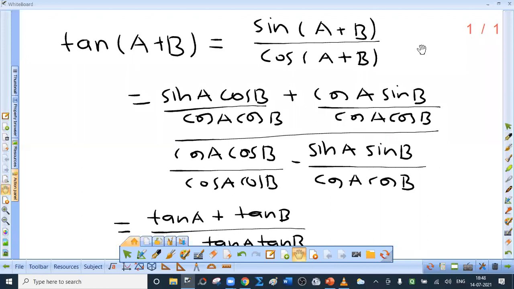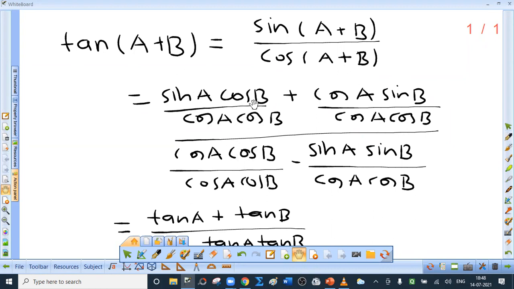Similarly, what will be tan of a plus b? Sine of a plus b upon cos of a plus b. Here I have omitted one step. Basically, sine of a plus b is sine a cos b plus cos a sine b. What is cos of a plus b? Cos a cos b minus sine a sine b. Then this is the step after that. Divide each term by cos a cos b. Reason, we want the answer in terms of tan.